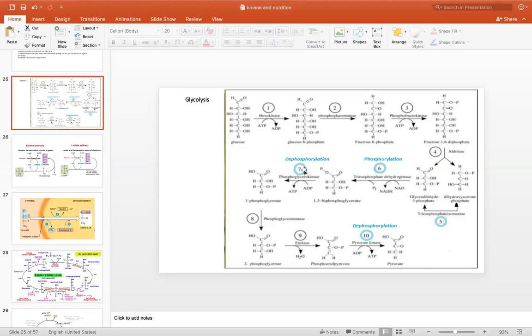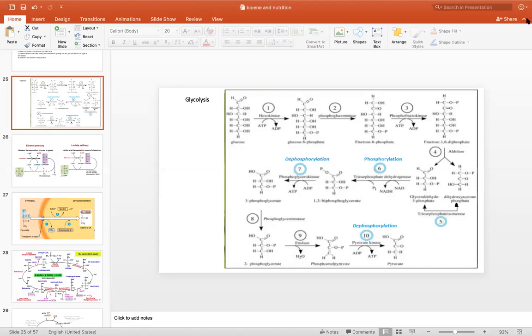Apart from that, two ATPs are used. Glucose is converted to two molecules of glyceraldehyde 3-phosphate. Each molecule of glyceraldehyde 3-phosphate will give you one NADH and two ATPs. So when you have one molecule of glucose, you have two molecules of glyceraldehyde 3-phosphate, you will have two NADH and four ATPs.